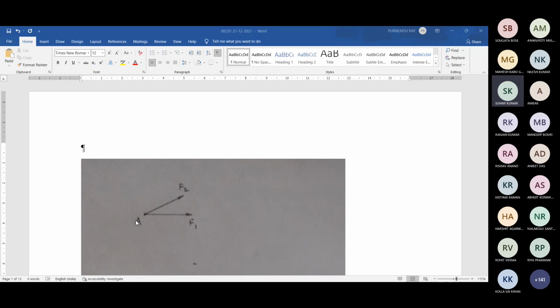Now, which subject is complementary to which? Is mathematics complementing or supplementing physics, or vice versa? Sir, maths complementing physics.